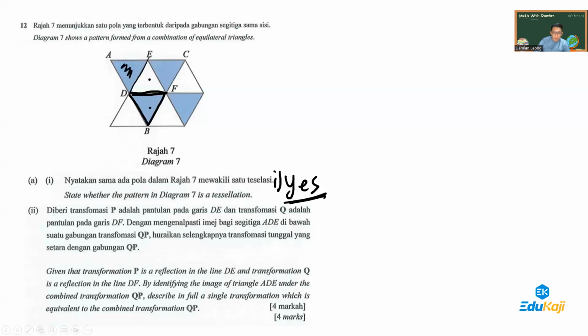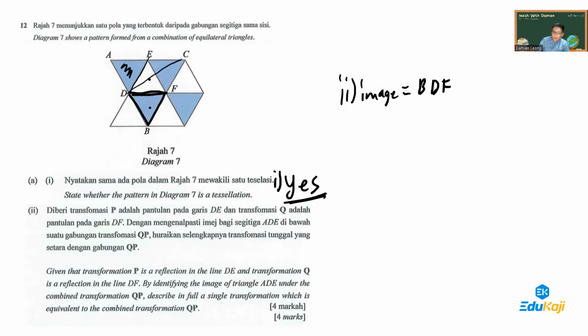So the image is BDF. So in order from ADE to BDF, reflection is actually possible, but because the line is not here, generally we won't use that.